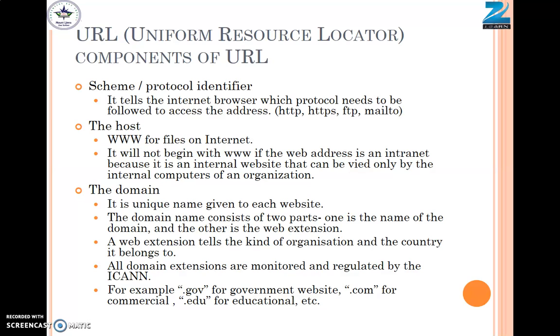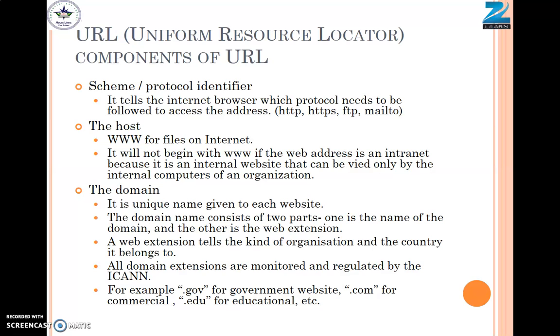URL. All the components of a URL we have discussed in detail in the previous video. A URL contains protocol, host, domain name. The URL is divided into different parts. The first part is the protocol: HTTP, HTTPS, FTP, all these are different protocols. Then host, it is generally World Wide Web.